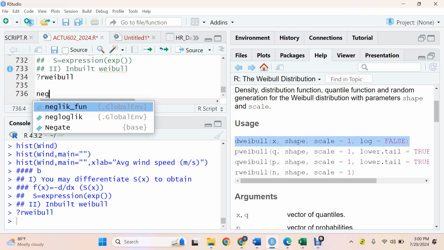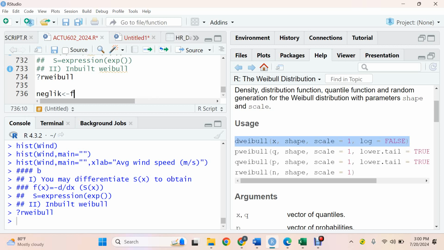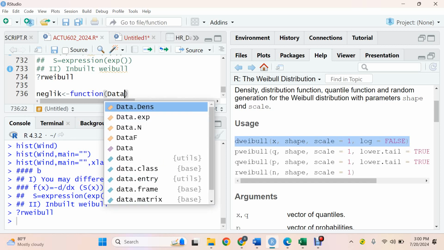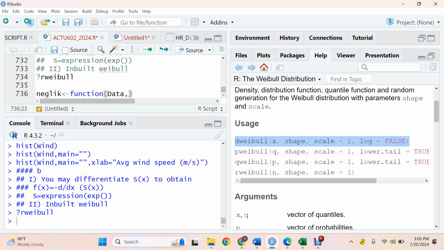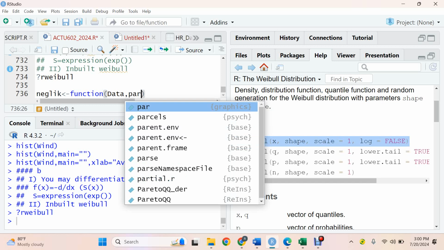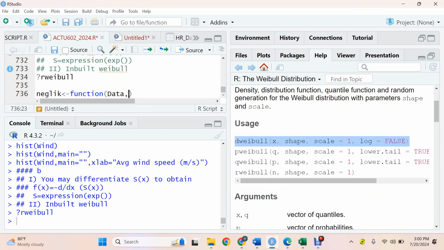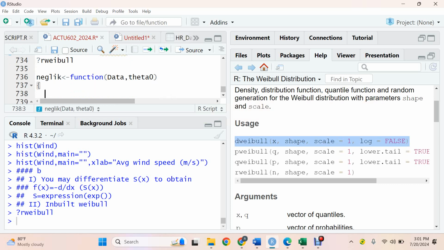So we can talk about the negative log-likelihood function, which will be a function that takes the data and some parameter values, theta naught. You can expect theta 0.